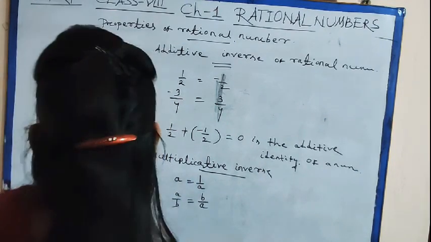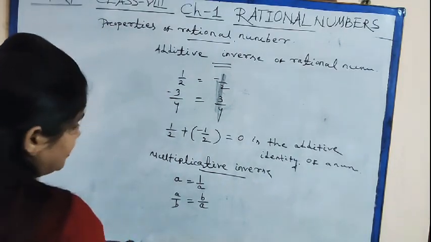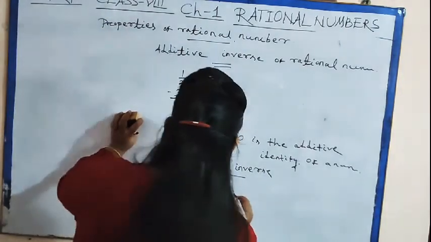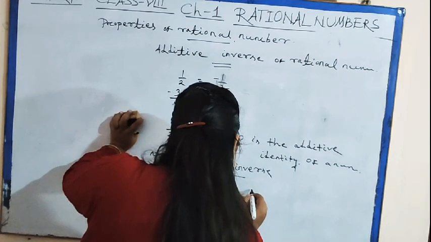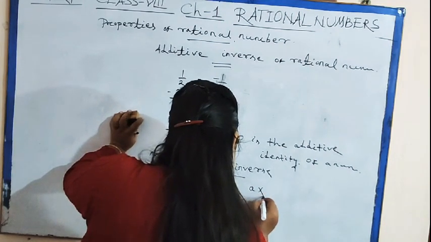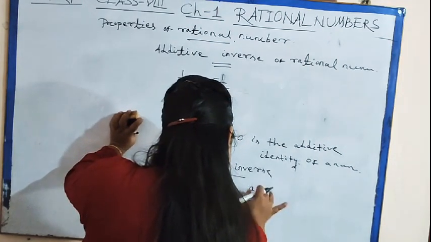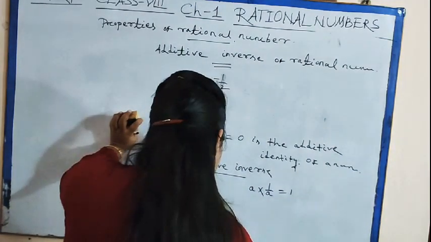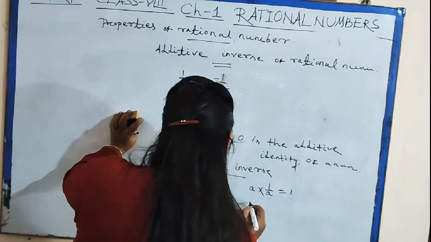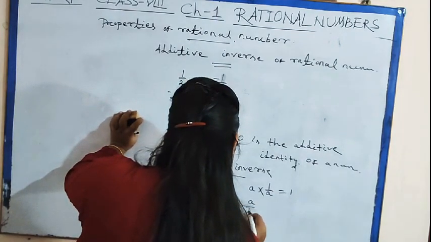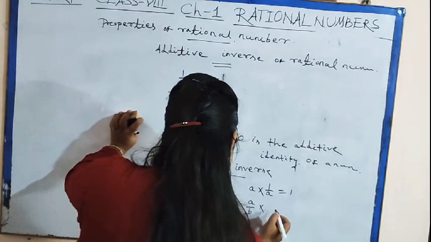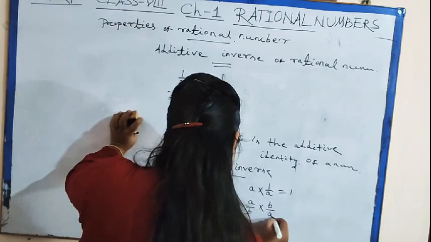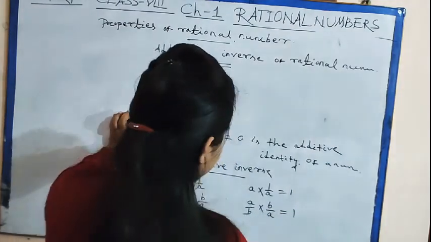Its identity is: if a number is multiplied by its multiplicative inverse, we will get 1. In case of a rational number, suppose a/b is a number and its multiplicative inverse is b/a, the answer is 1.